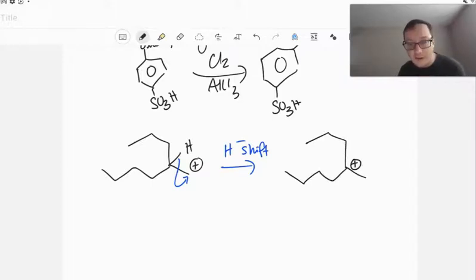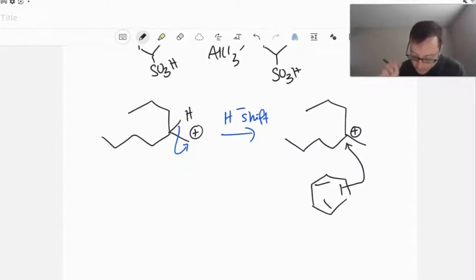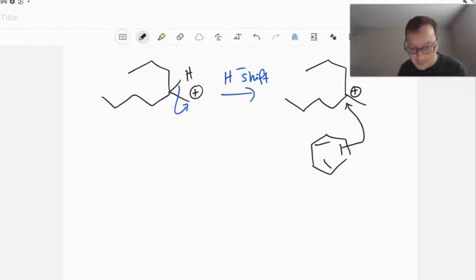Now our carbocation is there in the middle, and then our benzene comes in. I guess I need to draw them out. And it's going to come in and attack that position. So we're going to end up with a butyl group, a propyl group, and a methyl group on this benzene, right? After we do all the other stuff.